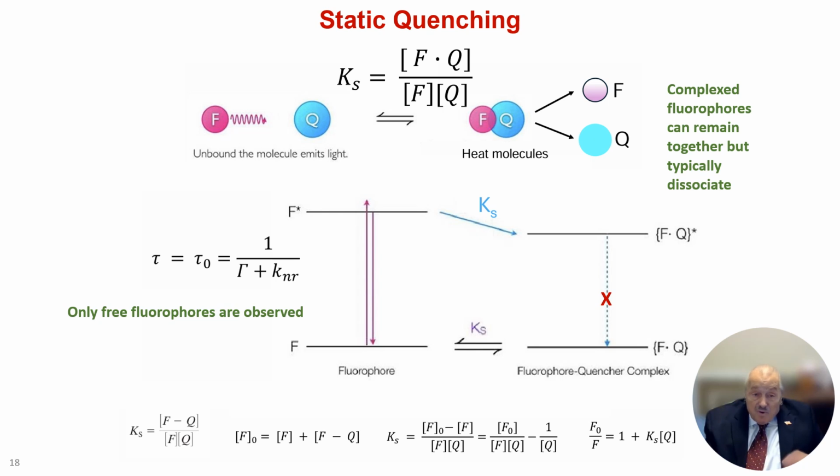So only the free fluorophores are observed in this case, and the lifetime is not changed because the only molecules you're observing are the uncomplexed molecules.